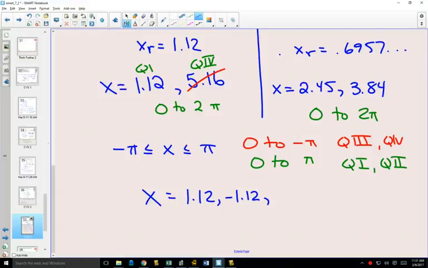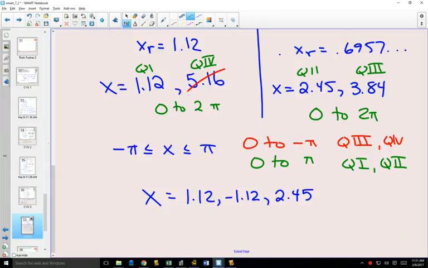2.45, what quadrant was 2.45 in? Quadrant 2. So that answer is going to stay the same. That's going to be no problem because quadrant 2 we're fine. And 3.84 was in quadrant 3. How are we going to find out what that is coterminal with that in the negative direction?